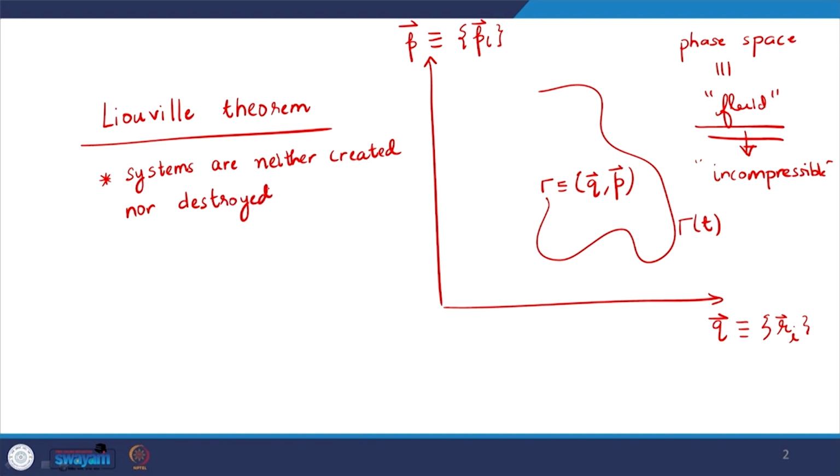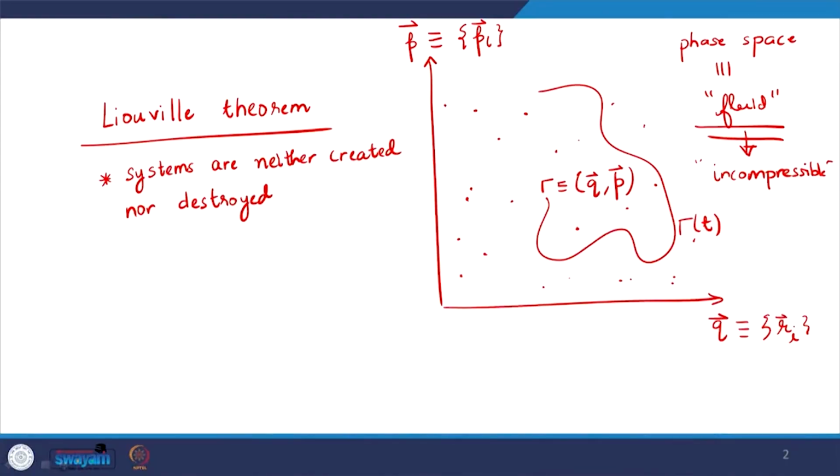So, clearly I can be anywhere in the phase space at any given time or any given spatial location, and all these are valid starting points for us to visualize how the system is moving, right.